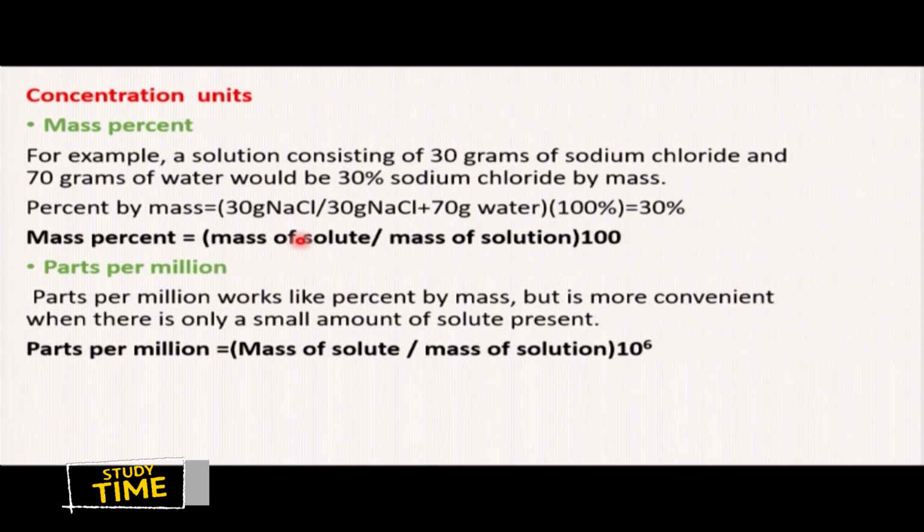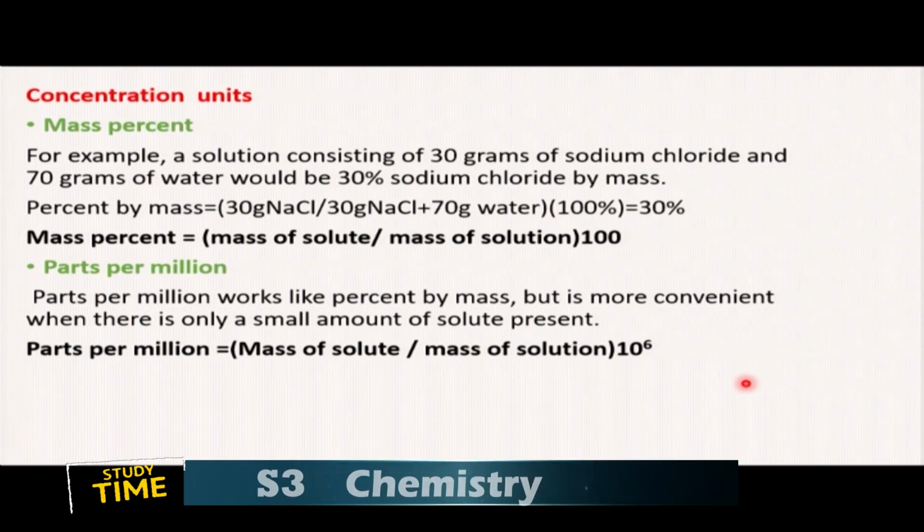Then we have parts per million. You may not be familiar with this. Parts per million is the same as mass percentage, but this one is used when the amount of the solute is too small, especially when we are adding small quantities of the solute into the solution.